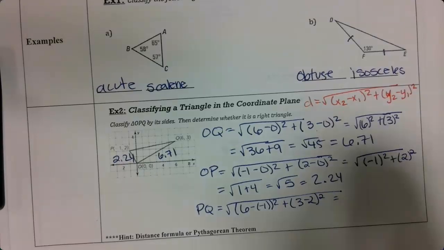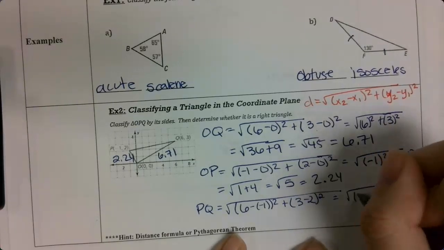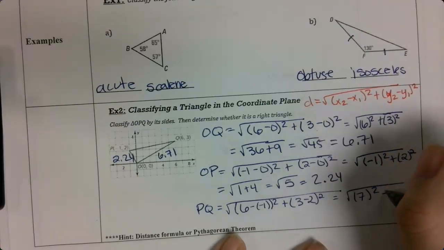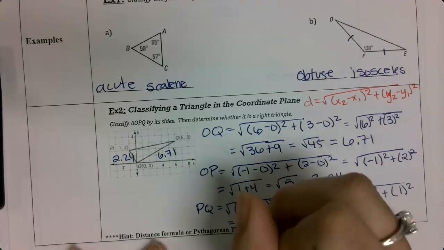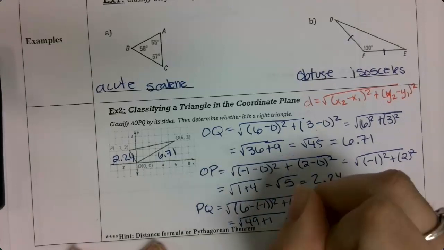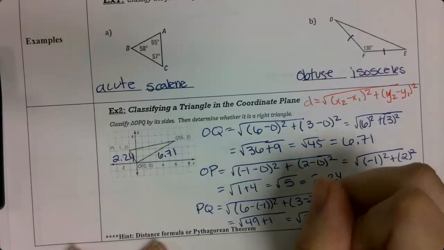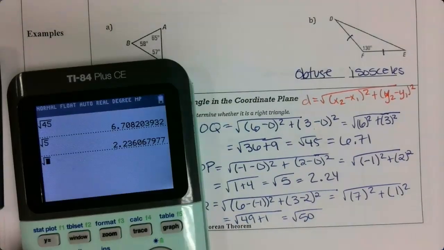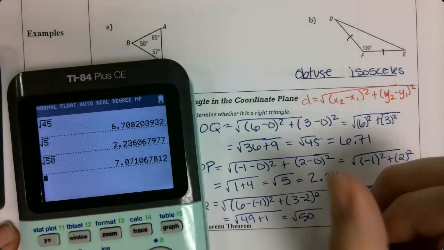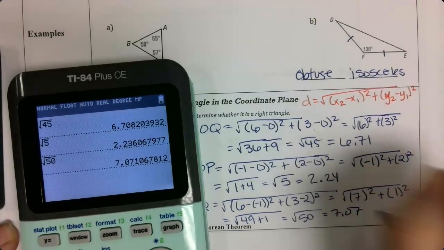Okay. 6 minus negative 1 is 7. And 3 minus 2? What is 7 squared? And 1 squared? 49 plus 1? Okay, and then I just want to check the square root of 50 on my calculator. So this one I get 7.07.